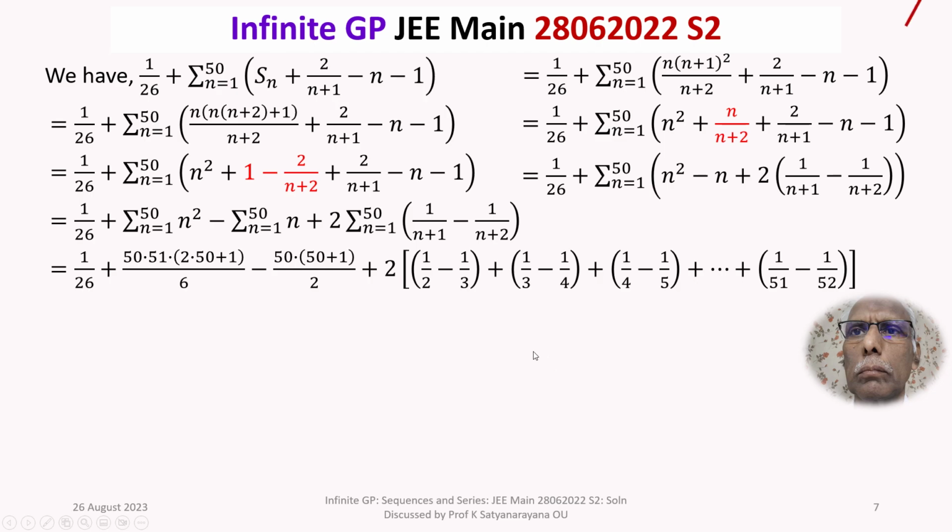Observe that minus 1 by 3 cancels with plus 1 by 3, minus 1 by 4 cancels with plus 1 by 4. Like that we continue, and minus 1 by 51 cancels with plus 1 by 51.